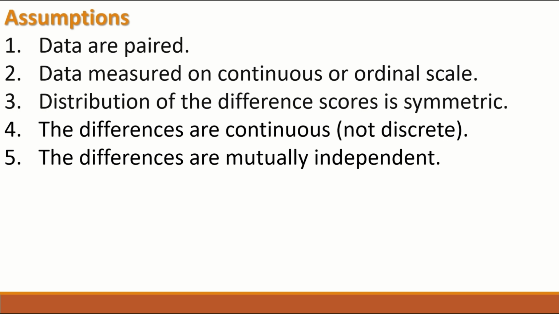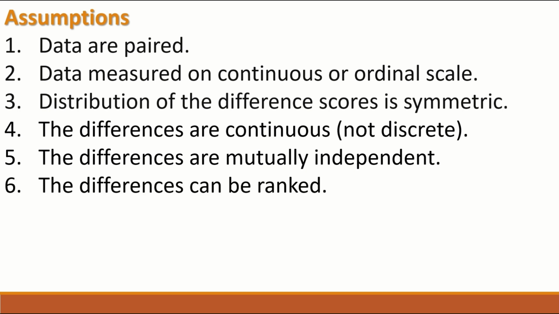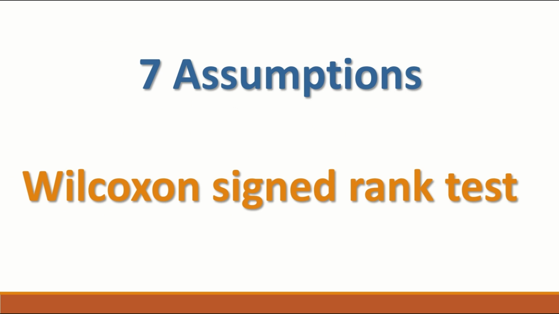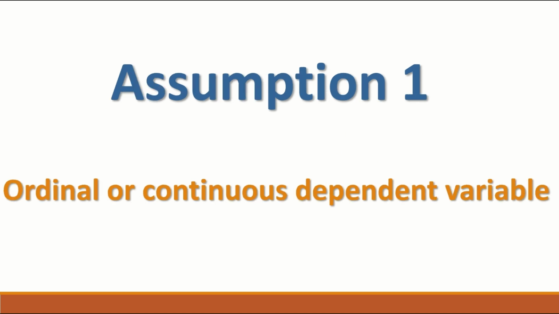The differences are mutually independent and the differences can be ranked, and the sample is randomly selected from the population. Those are the major assumptions that have to be fulfilled prior to performing this non-parametric test. So there are 7 major assumptions for the Wilcoxon Signed Rank Test that have to be fulfilled.